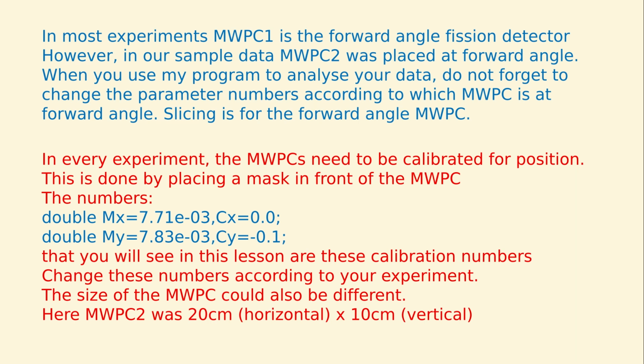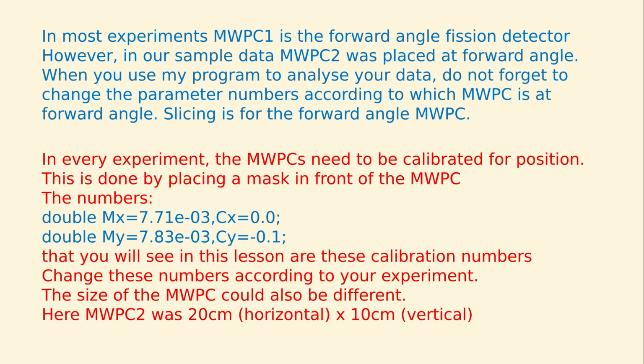In every experiment, you also need to calibrate the multiwire proportional counter. This is usually done by placing a mask in front of the MWPC. Either this can be done just before the experiment starts, or at the end, and you could do it with beam, or with the source.